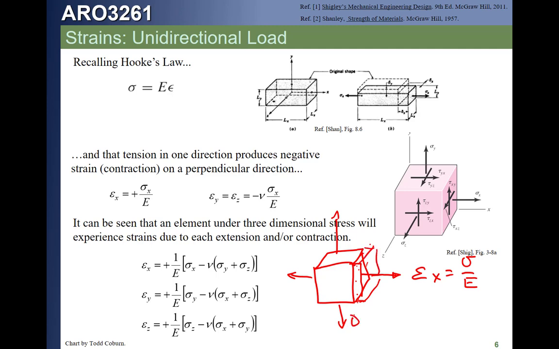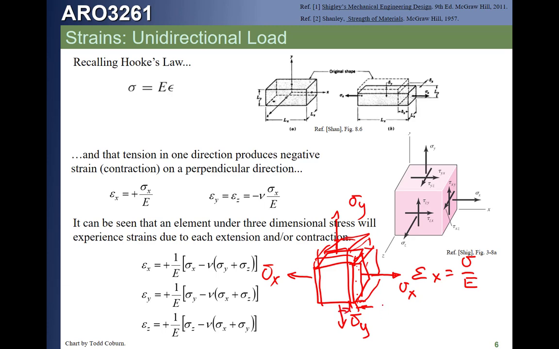This was a stress in the x direction. If we have a stress in the y direction, what that means is this is going to cause a strain in this direction. But we're not talking about that, because what we're seeing is as it grows in this direction, it also gets narrower in that x direction.